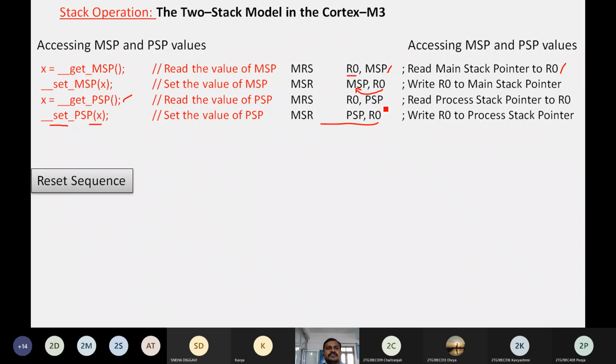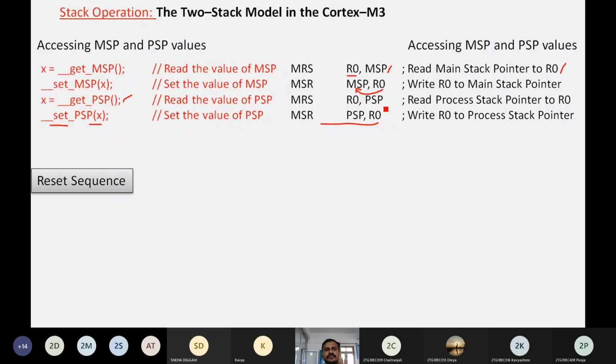So this is about the stack operation. The basic stack operation is done by using push and pop instructions with respect to the basic operations of this environment. For this Cortex M3, we may use bulk facility for push and pop instructions.